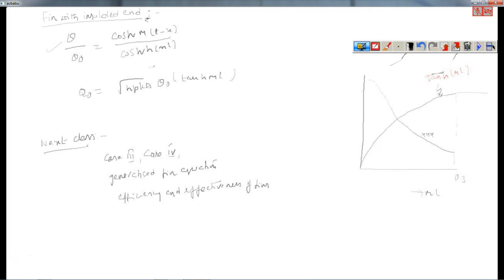The next case is case 3. I'll write that case 3. What is case 3 we are going to discuss?